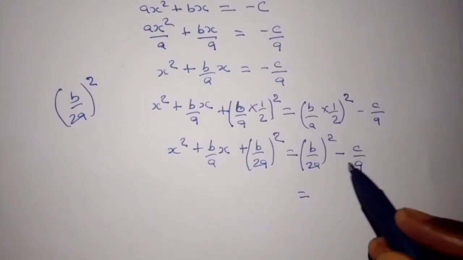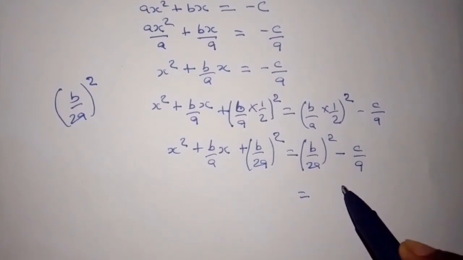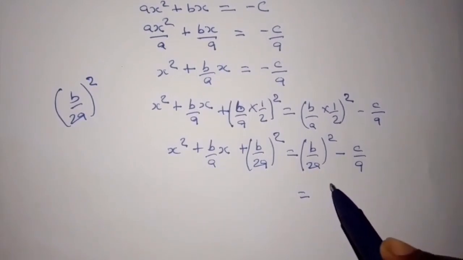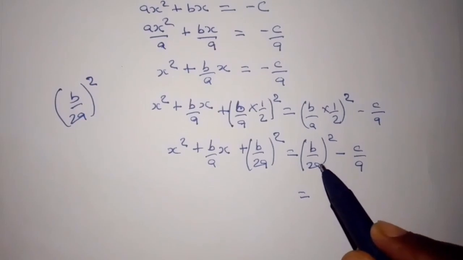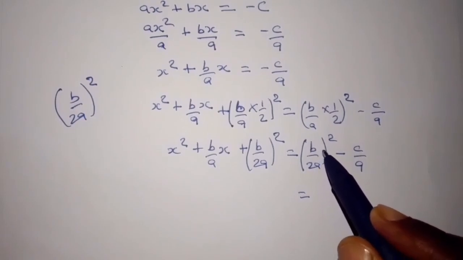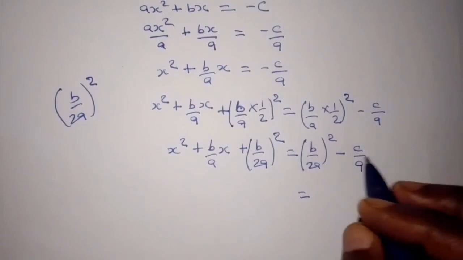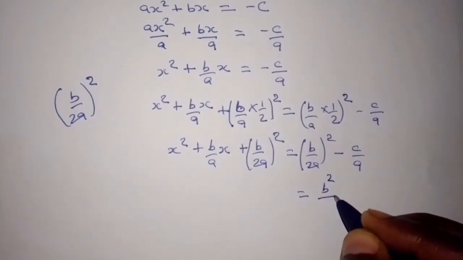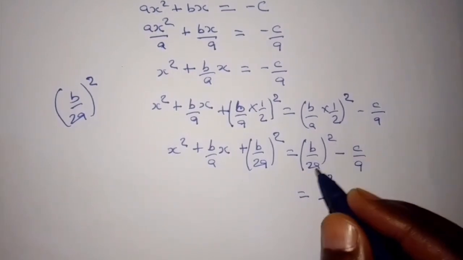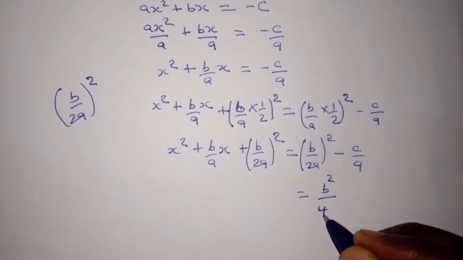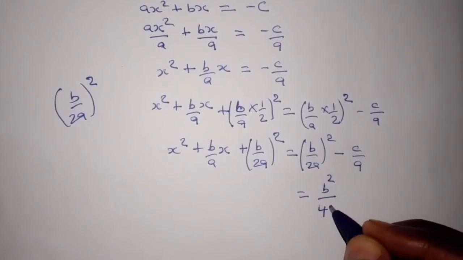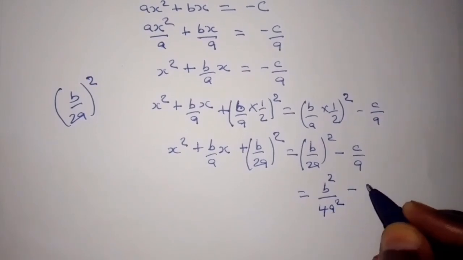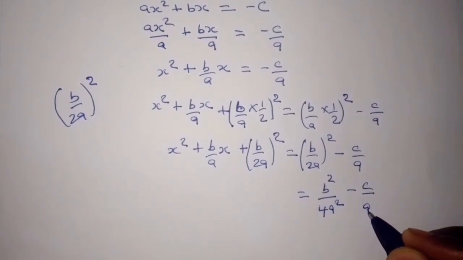And from the right hand side, we can write b over 2a squared as b squared over 2 squared, which is 4, then a squared, minus c over a.